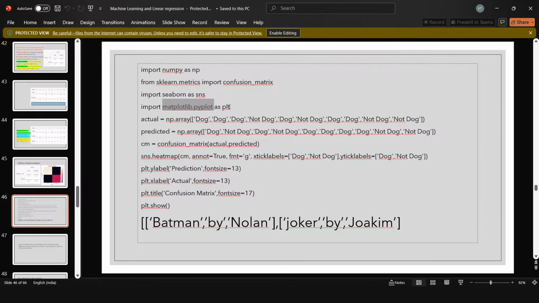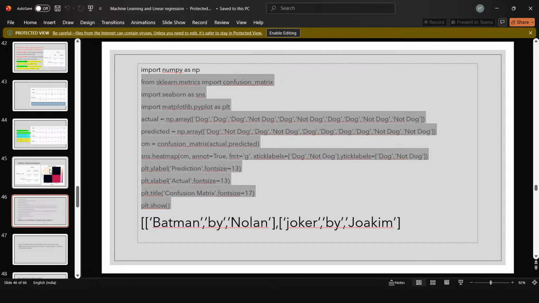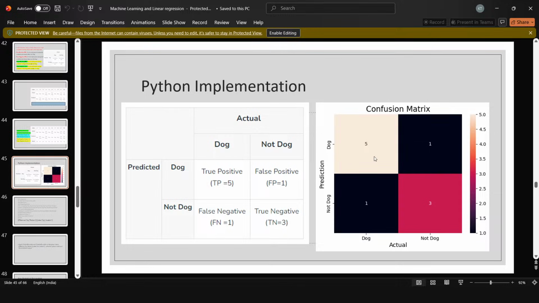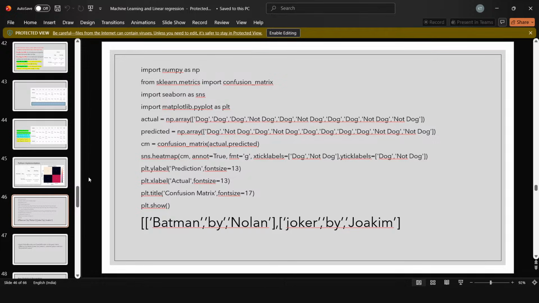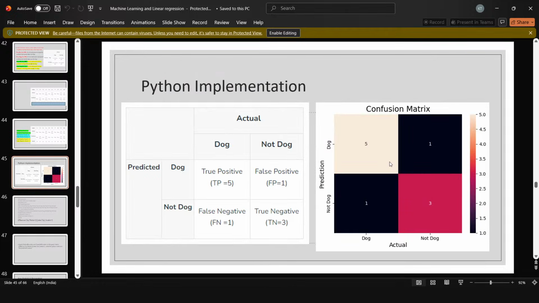If you don't include this line, you will have to write matplotlib.pyplot everywhere instead of plt. That's why this line is present. And finally plt.show will create the confusion matrix. Actually, this image itself is the output of this code. If you run this code, you will get this image as the output.